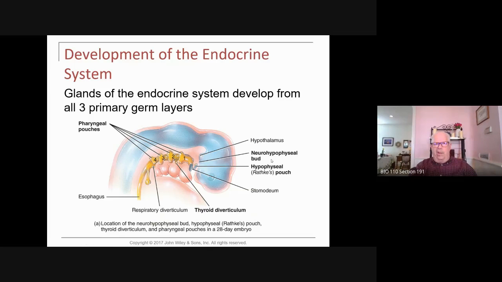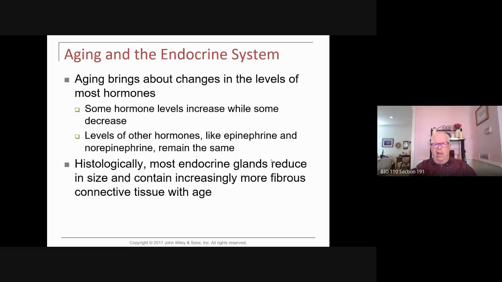Okay? Don't worry about embryology. I'm not asking any questions on embryology, but I'm certainly going to ask questions on aging. What happens as you get older? As you get older, do I have as much testosterone as you guys have?